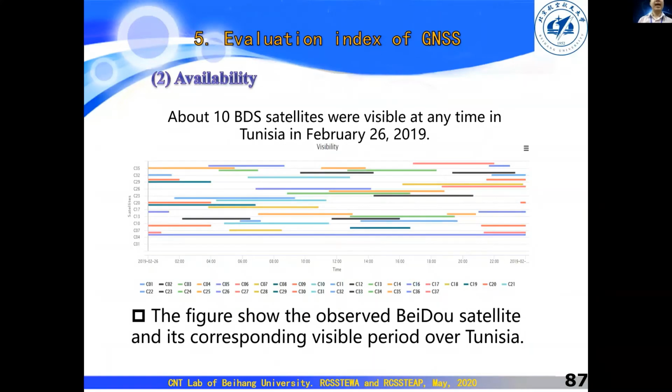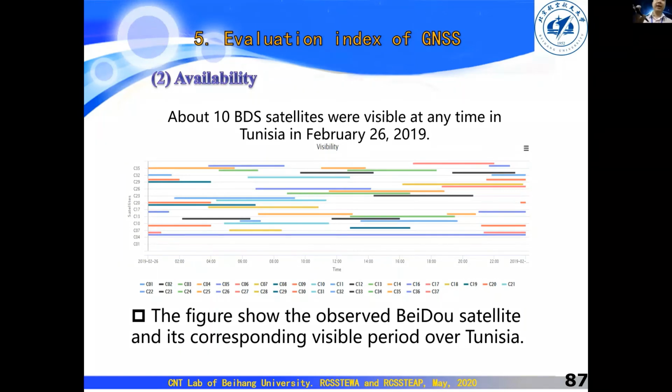Also, we made tests of the Beidou receiver in February 2019, about one year early. You may see we tested in Tunisia. We have a GNSS Beidou center in Tunisia.